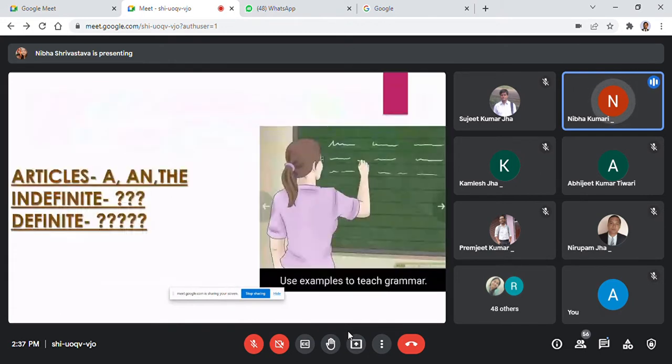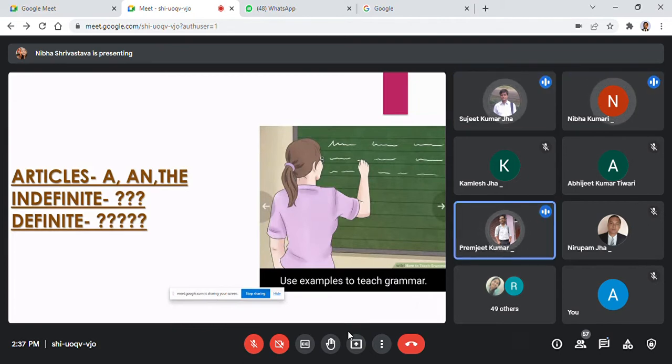Now, articles a and the. We all are aware of these articles. Which one is a definite article and which one is an indefinite article? Can anyone share? The is the definite article, ma'am.